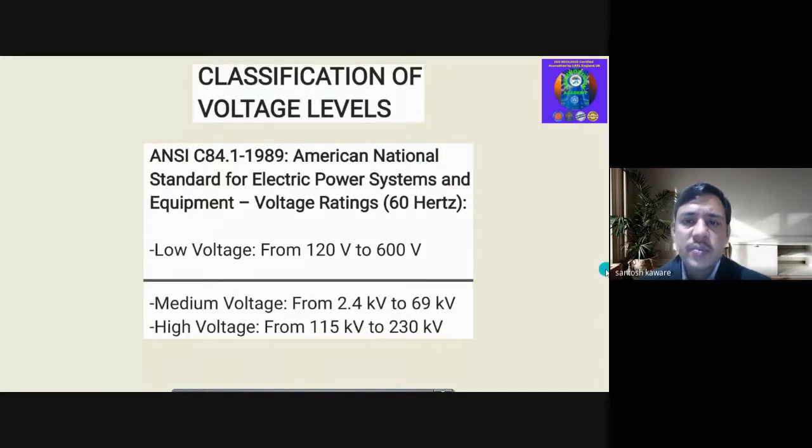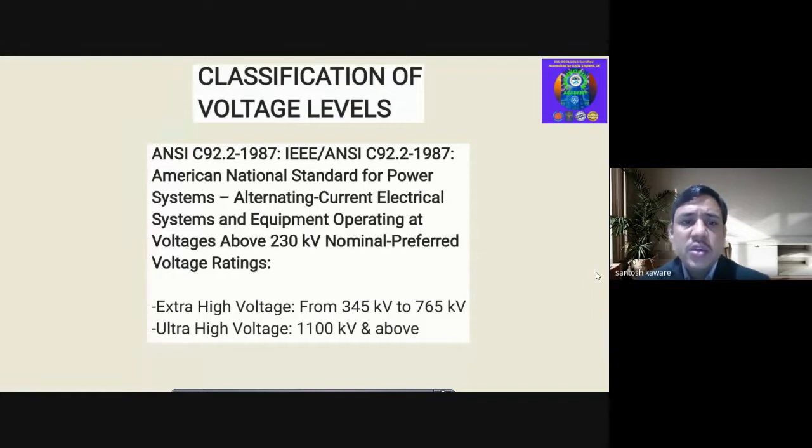Again, as per ANSI C92.2-1987 or IEEE ANSI 1987, they have defined extra high voltage and ultra high voltage levels. Extra high voltage is in the range of 345 kV to 765 kV. And ultra high voltage, they are saying, is 1100 kV and above. So these are also some of the classifications based on ANSI IEEE.